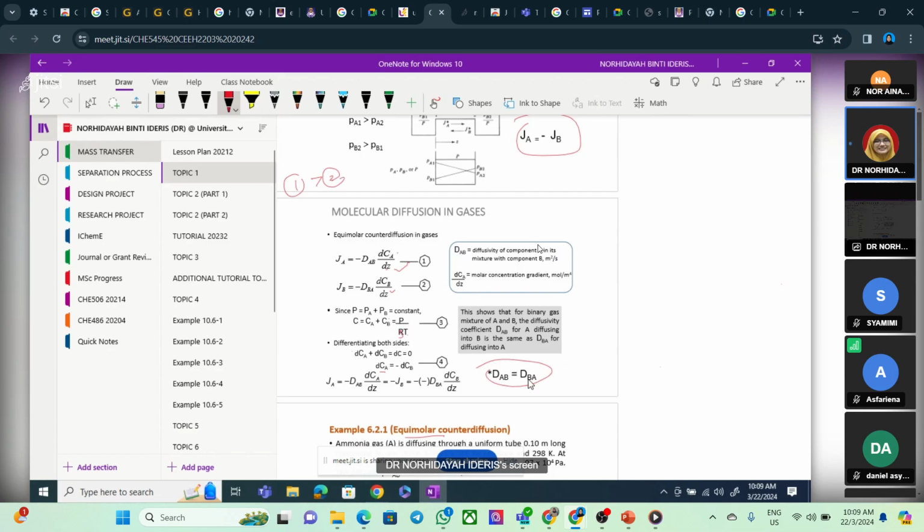So that's why we put a negative here, so that you're going to have the positive value of JA. So JA is equal to negative DAB dCA over dZ, and it is equal to negative JB.